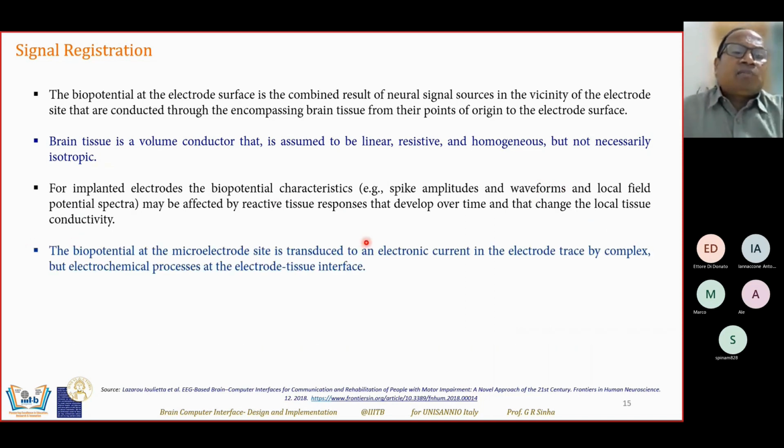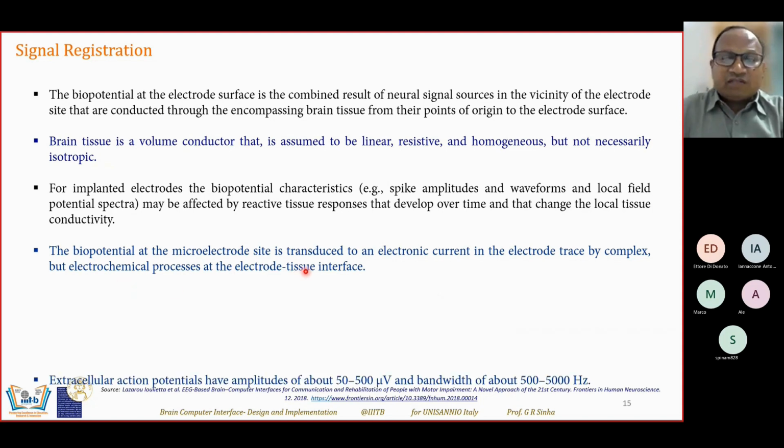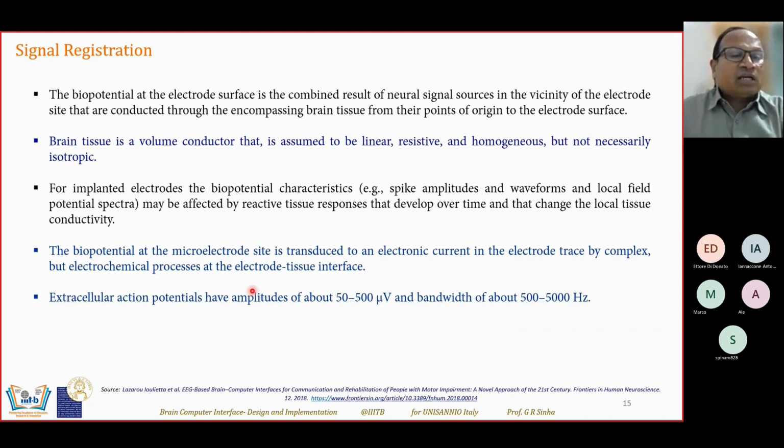The biopotential of the microelectrode site is transduced to an electronic current. This is a very simple process. The conduction takes place through complex electrochemical processes at the electrode tissue interface, and it comes through extracellular potentials. They have amplitude from 50 to 500 microvolt.